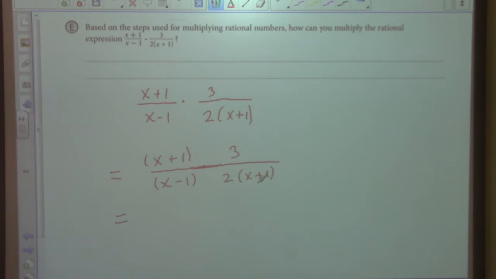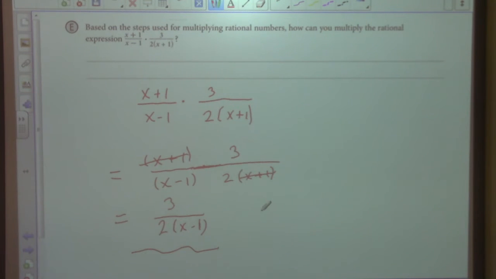Yeah, you look for like expressions on the top and bottom, not like terms, like expressions. So now we're left with 3 times 2 x minus 1. And so this here in the bottom is a simplified version of the original that we were multiplying together. Okay?